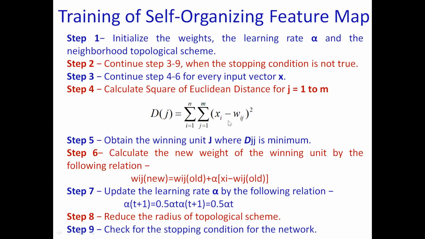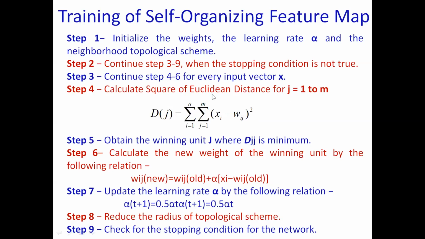We measure this Euclidean distance between the input vector and where we basically need to reach. So what is the distance between these two neurons or vectors? Whatever the distance, we find the minimum Euclidean distance. That means our winning unit lies where this Euclidean distance is minimum.